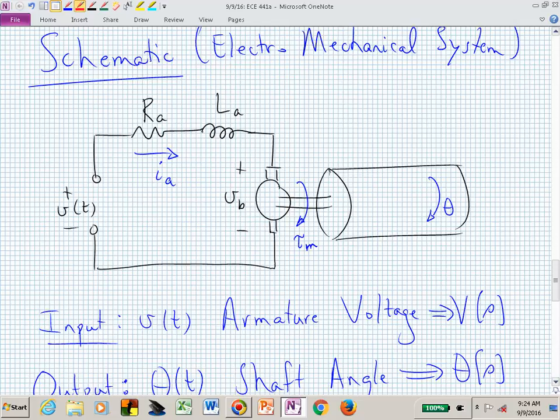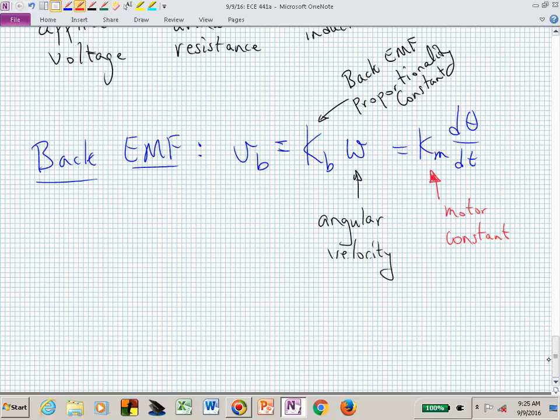So now we have 0 on that dependent voltage source, and we have a much larger current until that shaft gets to spinning. Then V sub B grows, and I sub A actually starts to shrink. So when you turn on a motor, it demands a lot of current. If you play with motors, you've experienced that, and this illustrates one way of understanding how that might be happening. And that's all because of this back electromotive force.